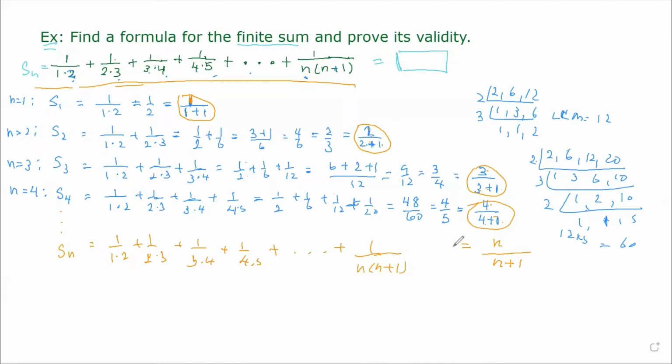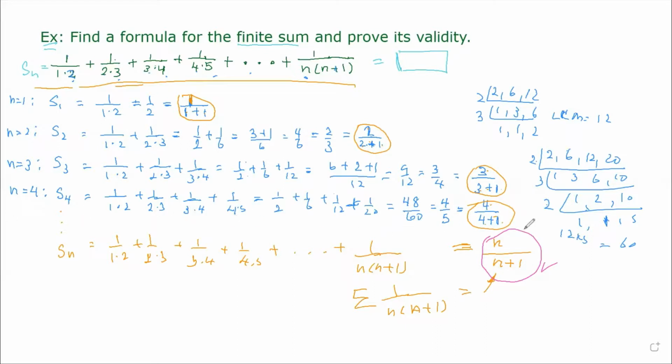Okay, then this one is going to equal to this one. So this is the formula for this summation. Okay, so you can say sigma of this one equal to this one. This is the one we need, and we want to prove that this formula is true.